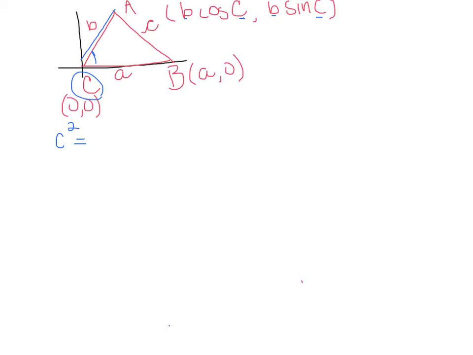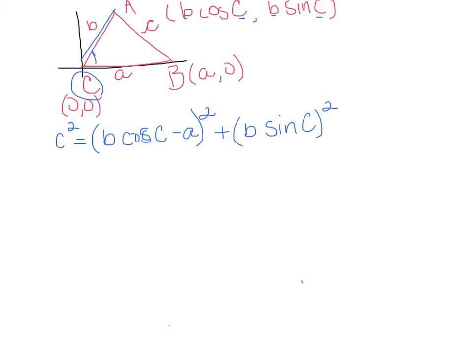Well, x1 would be B times the cosine of C minus A, squared, plus, now we need y1 minus y2, which is B sine of C squared. We could write minus 0 if we need to, but that isn't necessary.